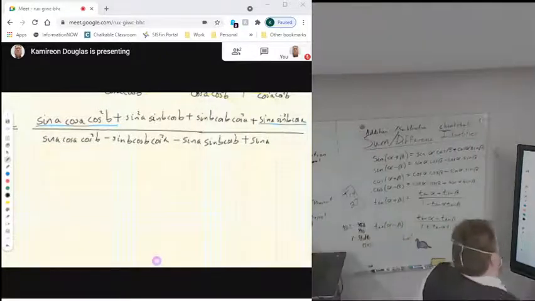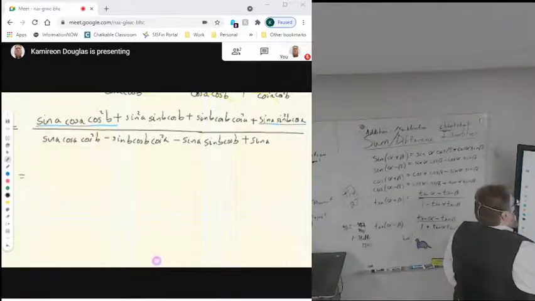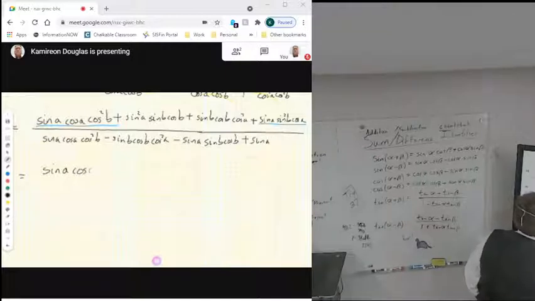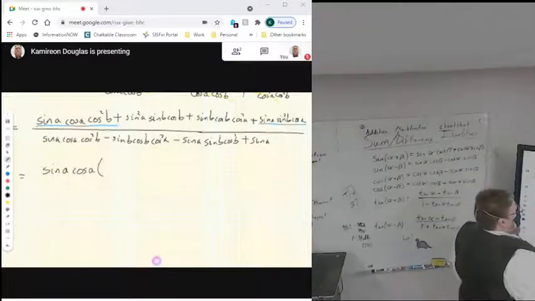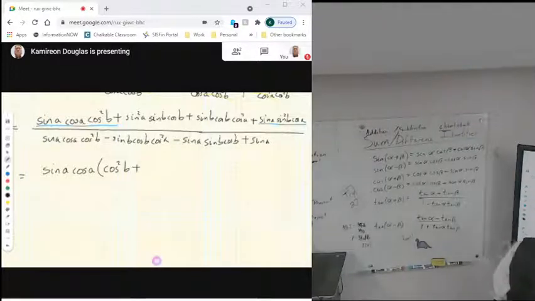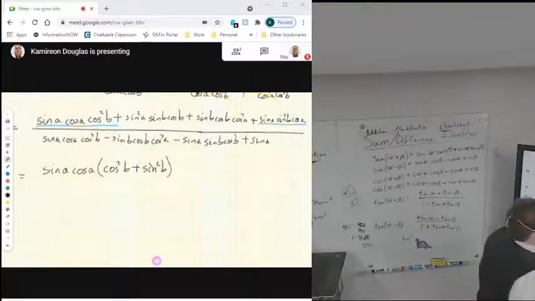This first one equals sine A, cosine A, times, if I factor out a sine A and a cosine A, what's left behind is cosine squared B from this term, plus sine squared B from that term.